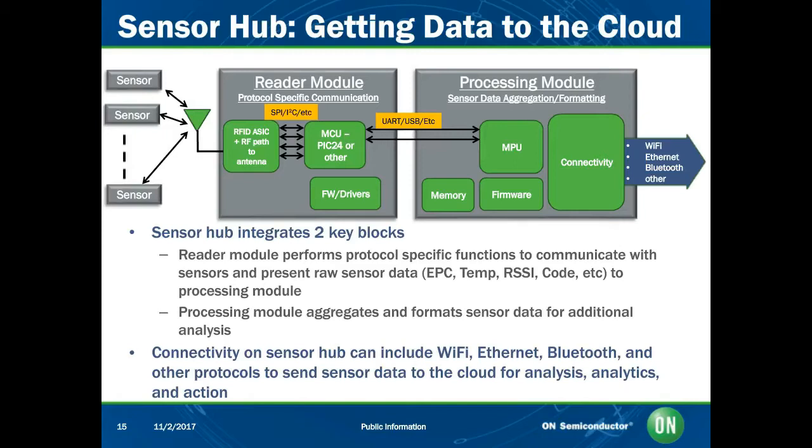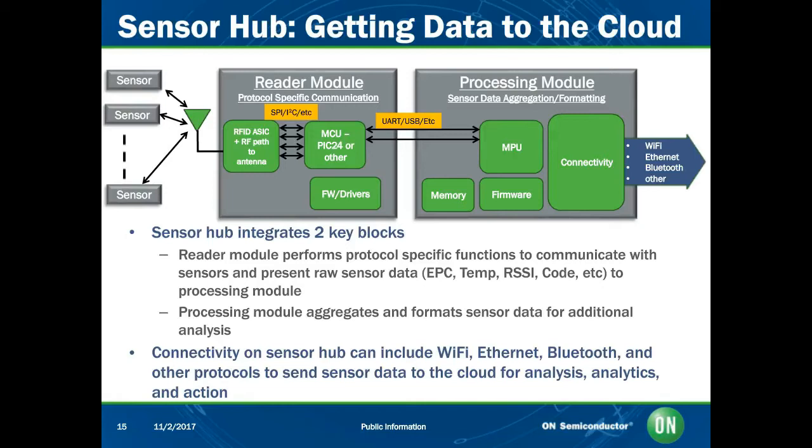The sensor hub integrates two key blocks. There is what we're calling the reader module, which is effectively a dedicated RF transceiver module that does the RF communication. It will have dedicated firmware drivers, etc., that get the raw sensor data out from the sensors. From there, the reader module is connected to what we're calling a processing module.